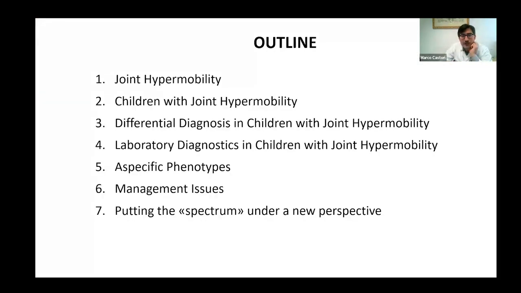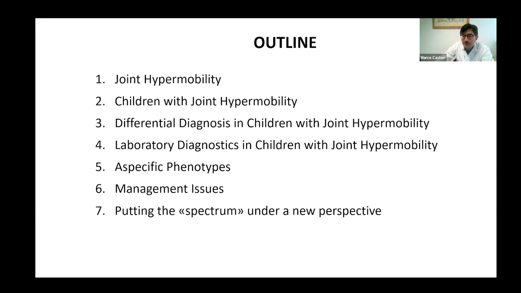This is the outline of this presentation. I will focus on 7 aspects aimed at guiding the audience into the definition of joint hypermobility, its impact in terms of normal variability and disease in children, the clinical differential diagnosis and a more general laboratory approach to children with joint hypermobility.